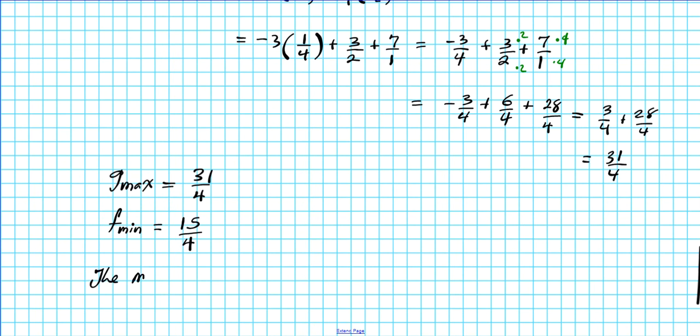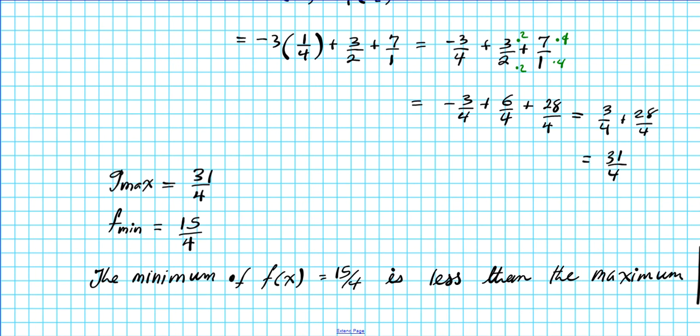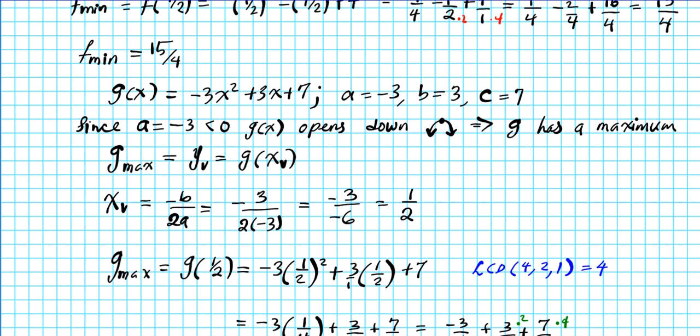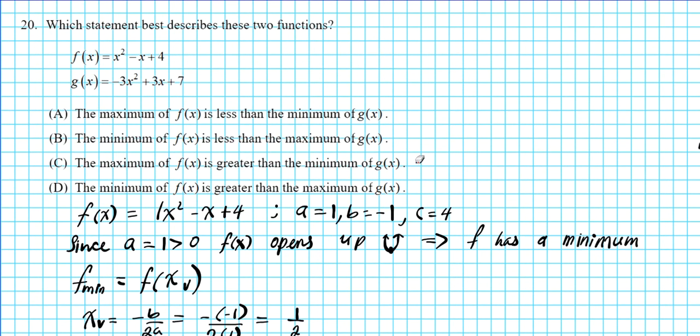The minimum of f of x, which is equal to 15 over 4, is less than the maximum of g of x, which is 31 over 4. So that's your answer. Answer to question number 20 is the minimum of f of x is less than the maximum of g of x, option B. There you go. Okay?